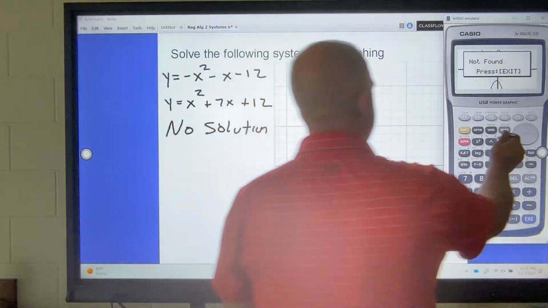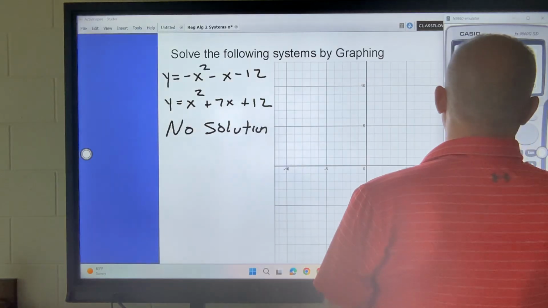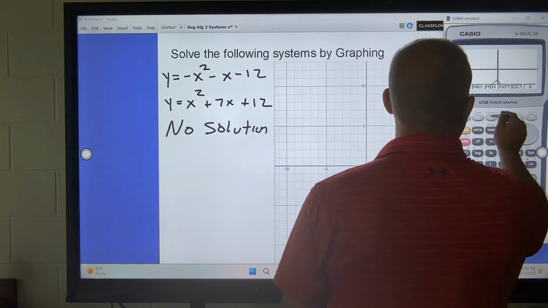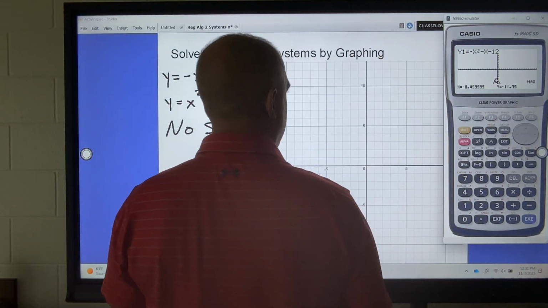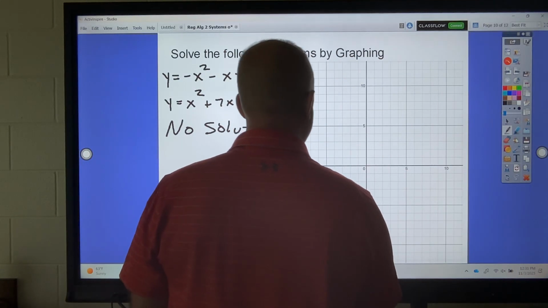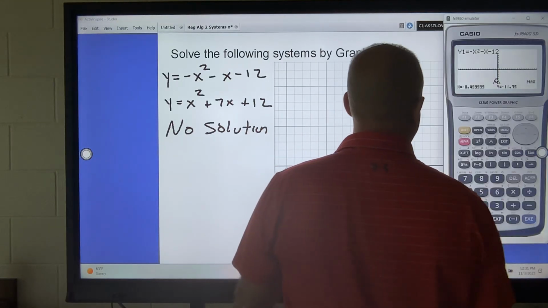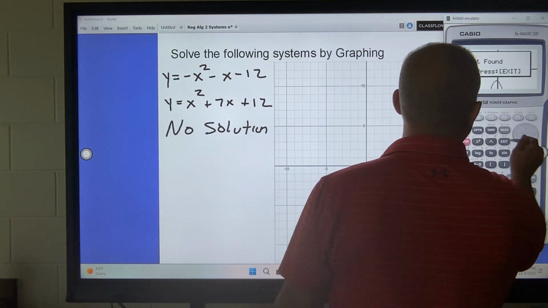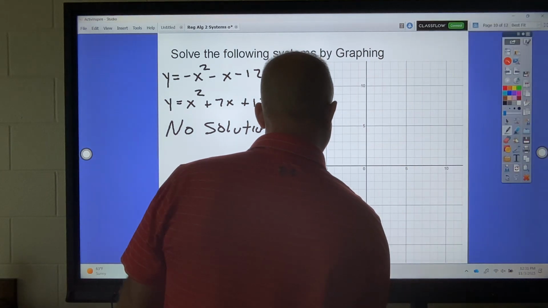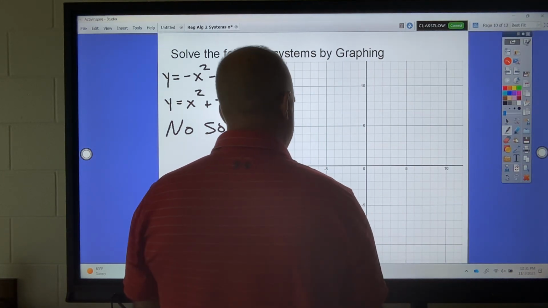Okay. All right, now if you want to just graph these, this is pretty easy because I don't have anything to connect them with. G-Solve maximum: negative 0.5, negative 11.5, so here, okay? And then I don't think I have any roots, I do not. G-Solve y-intercept: negative 12, so here. So this graph is all the way down there.